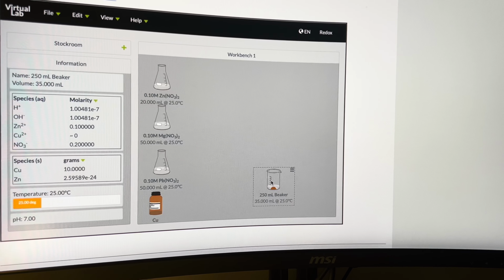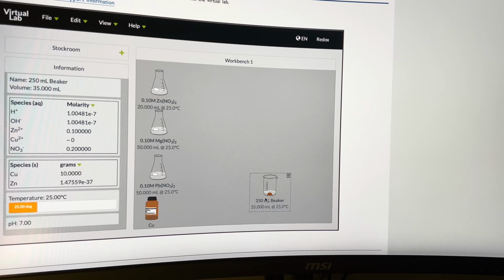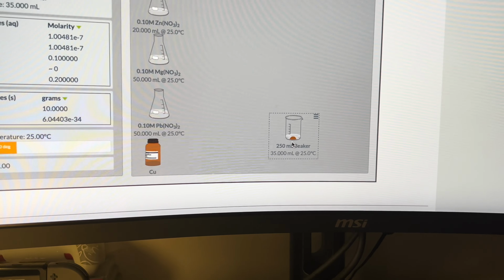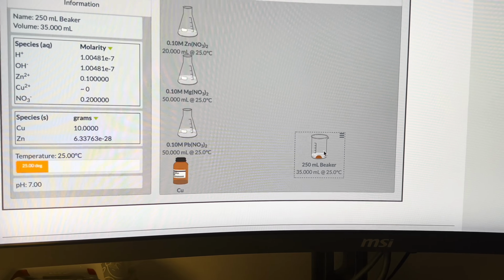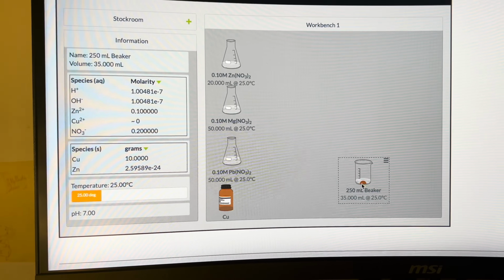And as you can see, there isn't really any reaction going on. There aren't any changes that we can observe by the eye.